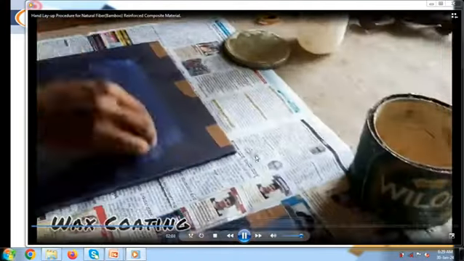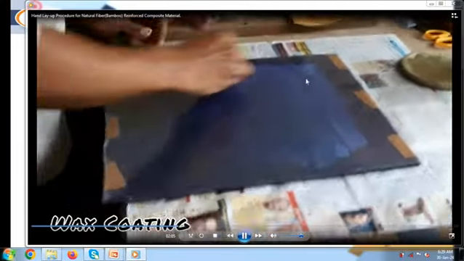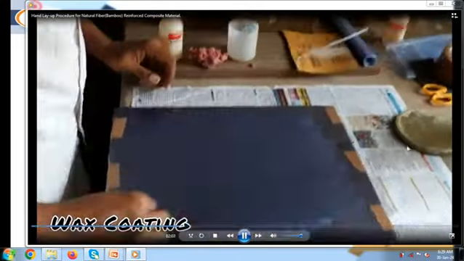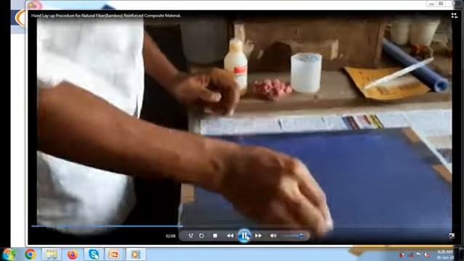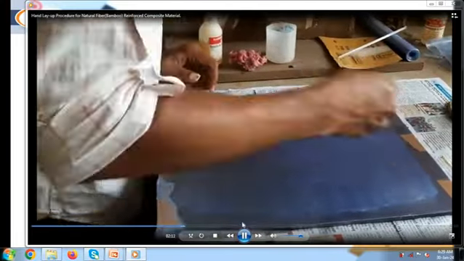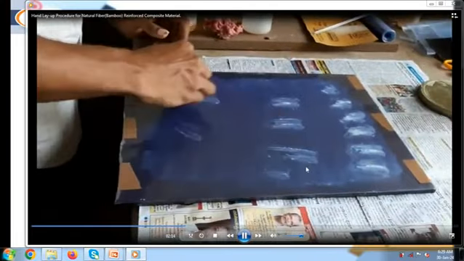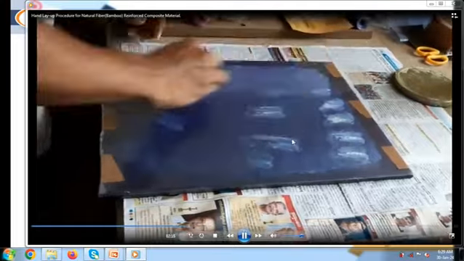Now on this MS plate, you can see that the PVC sheet is fixed on this MS plate so that our sample does not stick thoroughly to the MS plate. Why the MS plate? Because the MS plate is quite flat in nature, so that there are no irregularities in the surface, and wax is thoroughly applied on this MS plate.